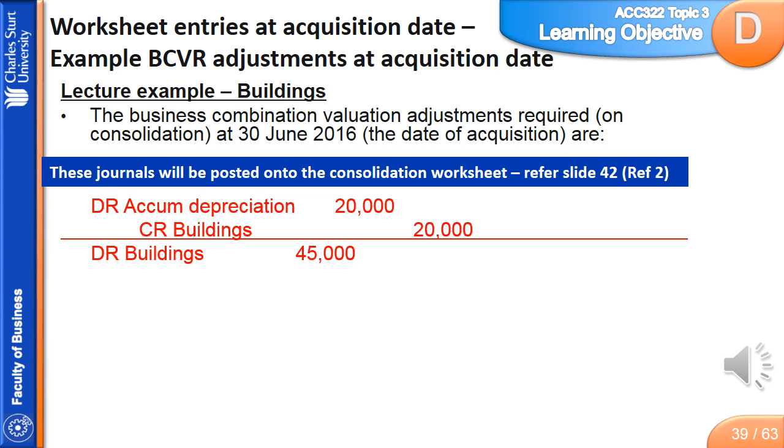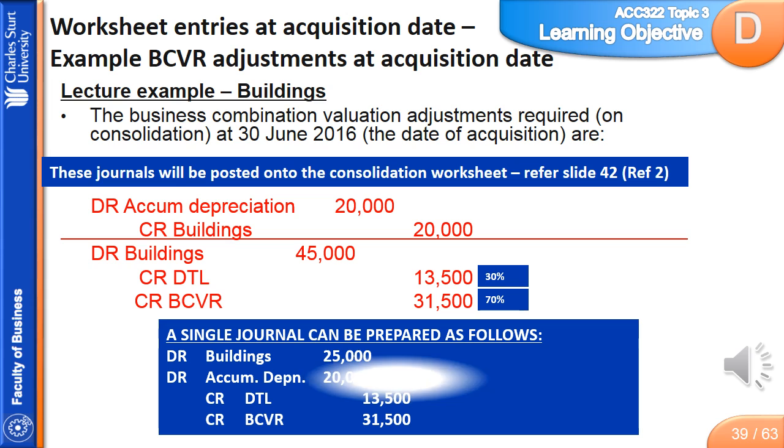That would bring it up to its $125,000 consolidated account value, and then a credit to deferred tax liability for 30% of that, which is $13,500, and the 70% portion to the BCVR account. You can combine these entries, so it's just a $25,000 debit to buildings, and that is fine. You can choose either method you wish.